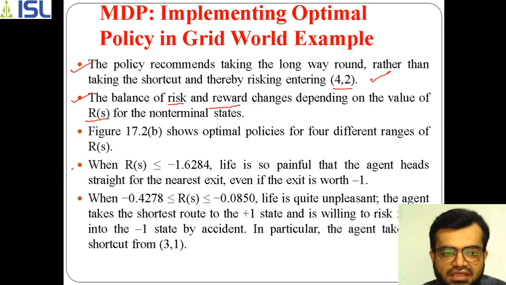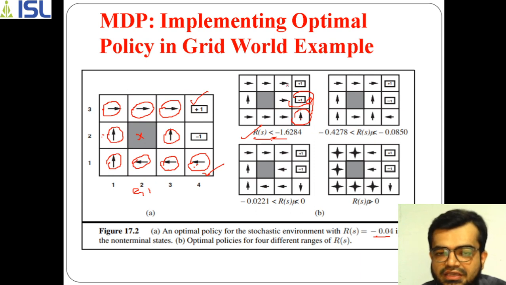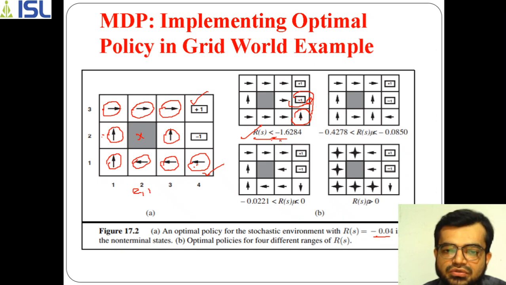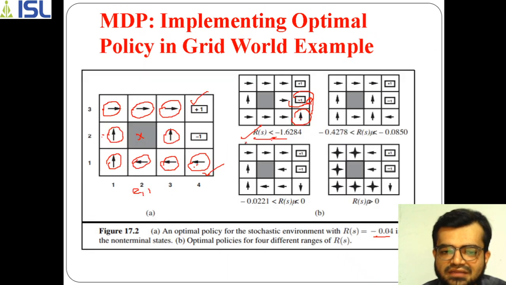That's why I said this is the first case. Even though it is so painful, the agent heads to the nearest exit even if the exit is worth minus 1. So here it exits by entering this state with minus 1, because this is a lesser loss compared to this value. But when it goes to the next range, what is the next range?